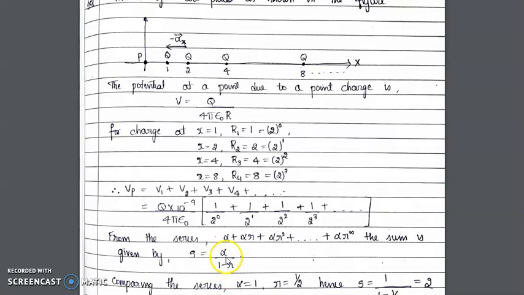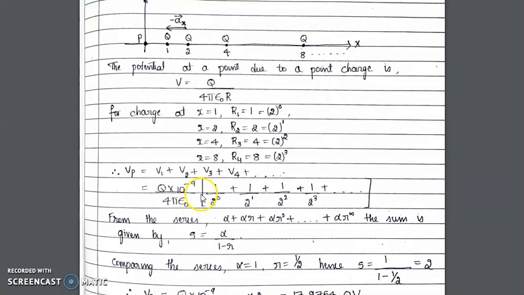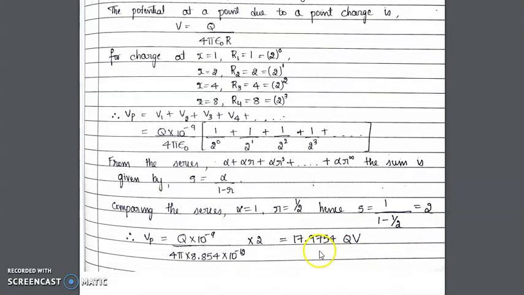Comparing with our expression, alpha is 1 and r is 1 by 2. Substituting alpha and r, the total sum will be equal to 2.